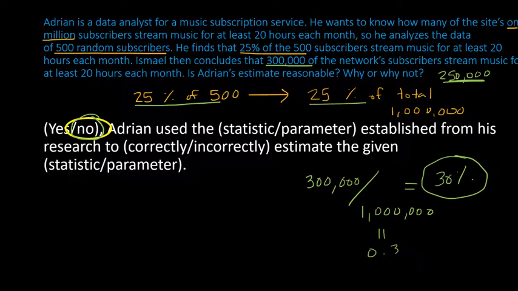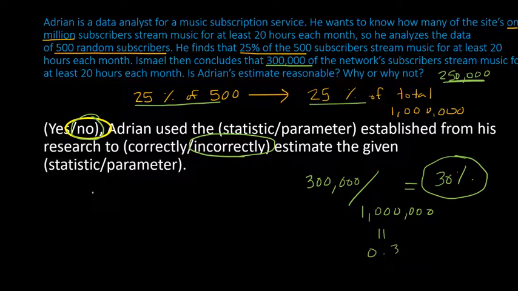And now we have to answer the rest. So yes or no, which we've said no, he did not use it correctly. Adrian used the statistic or parameter established from his research to correctly or incorrectly estimate the given statistic or parameter. So we know he did it incorrectly, first of all, so I can circle that one.